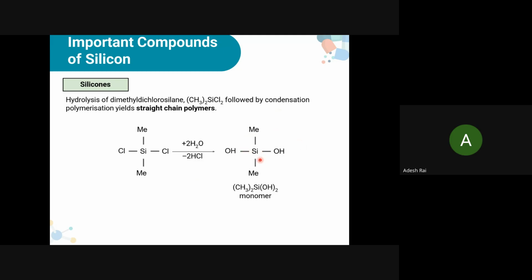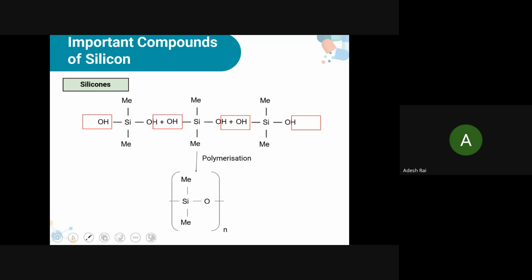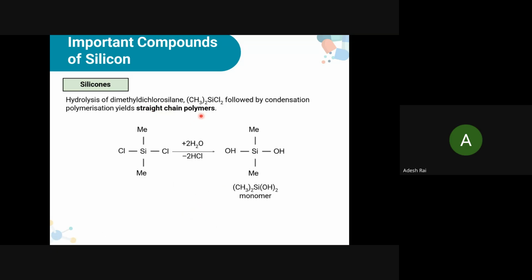For condensation to take place, some groups have to be removed so that the two molecules might be attached with each other. You can see it over here. The water molecule will be gone. OH and H are gone, so an Si-O bond will be there. Here also OH and H will be gone, so an Si-O bond will be there. Therefore, after polymerization, SiMe2 and this O, and this is as it is. So this is the repeating unit that you're going to end up with. On condensation polymerization, we end up with this particular part, and this is a straight chain polymer.